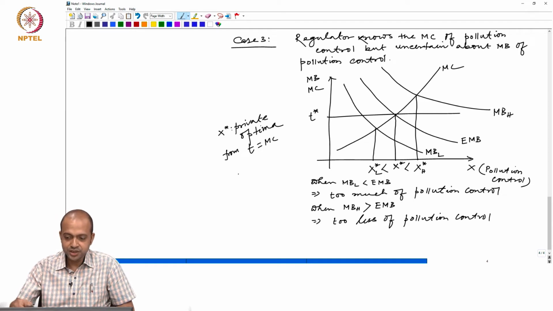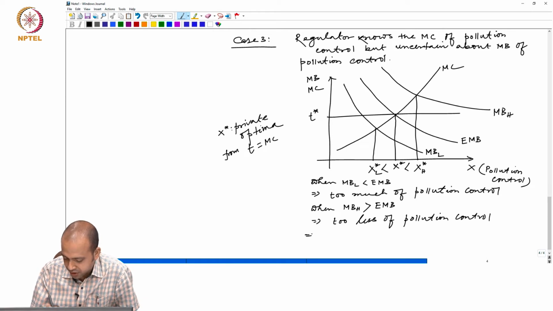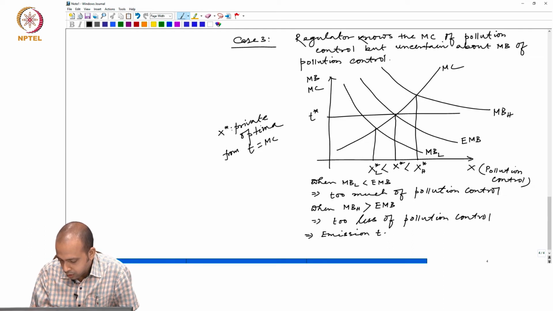So, when there is uncertainty either with MB or with MC, effectiveness of emission control depends on the relative slopes of marginal benefit and marginal cost of pollution control. So, this is basically, here also you can say that emission tax is not fully effective.